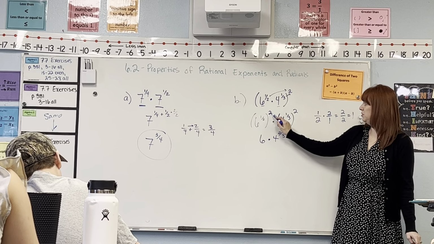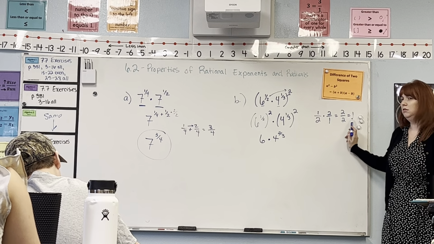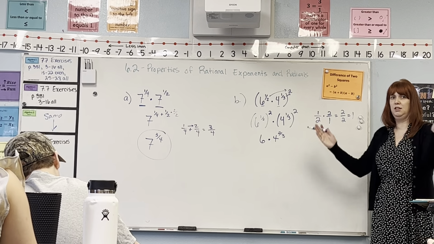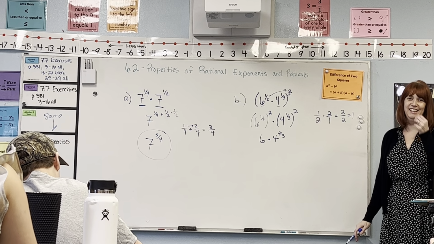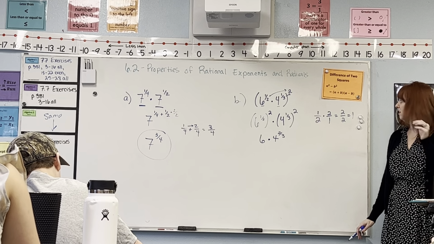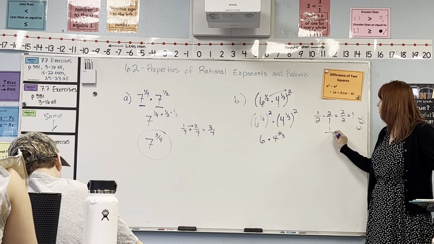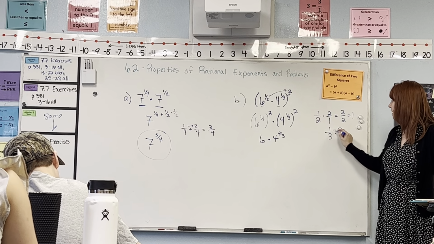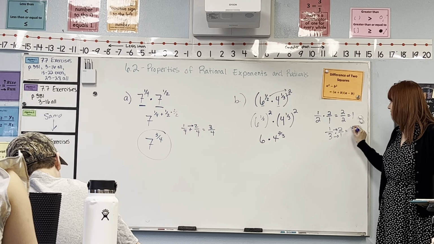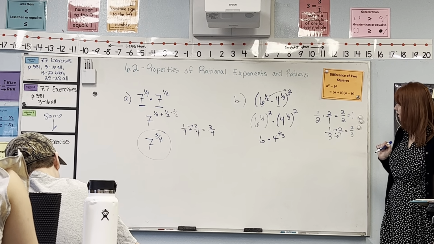Think about it, 2 halves. And then 1/3 times 2 over 1, you only multiply the top, so it's gonna be 2/3.